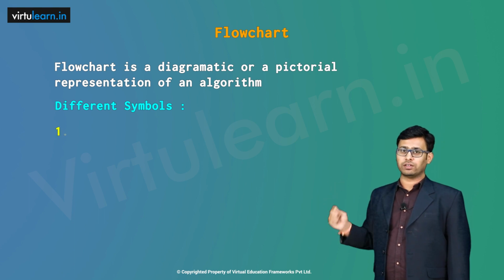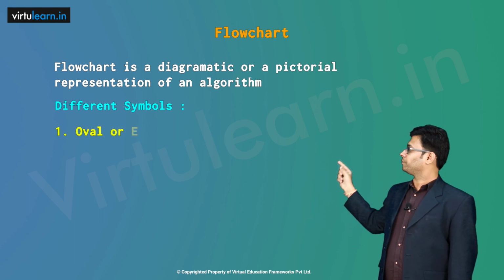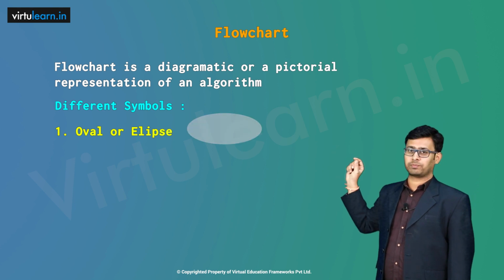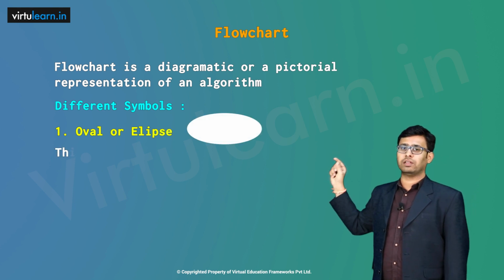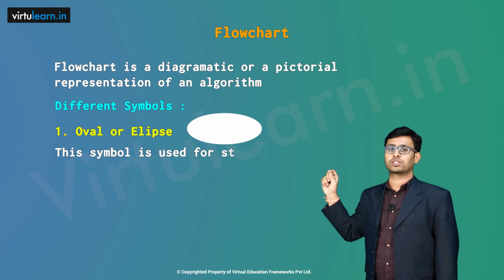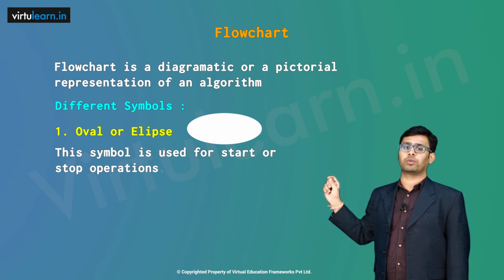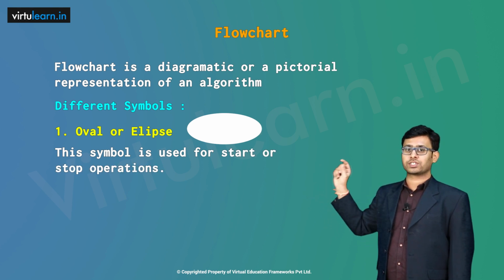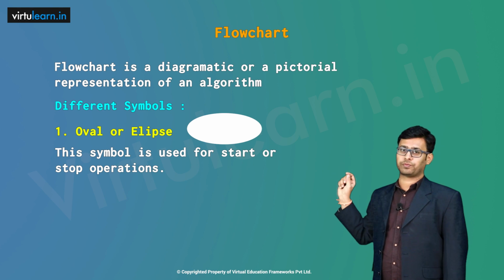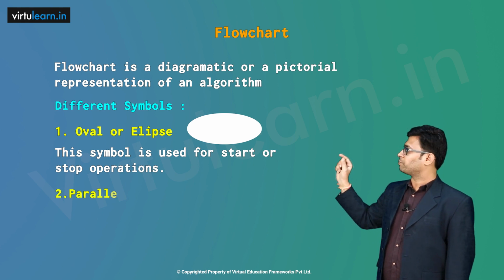The first symbol is the oval or ellipse. This symbol is used for a start or stop operation. The next one is the parallelogram.